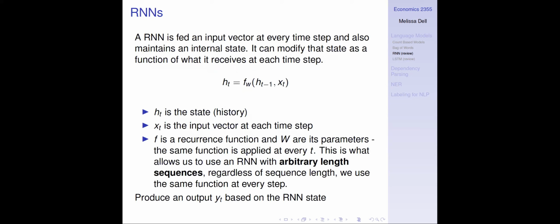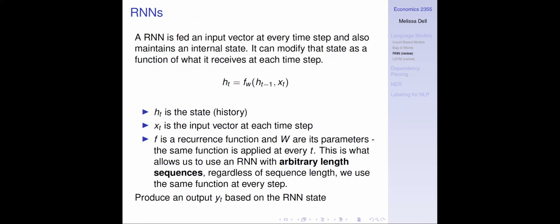Essentially, an RNN is fed an input vector at every time step and also maintains an internal state, and it can modify that state as a function of what it receives at each time step. This is hopefully what allows us to model those long-range dependencies. We have a history at each period, which is some complicated function that we're going to estimate with deep learning of the previous history and our input at each step.